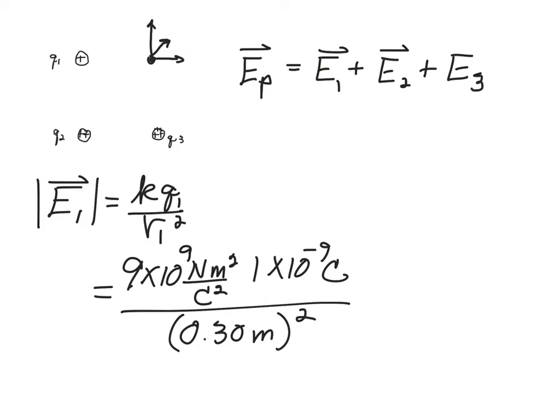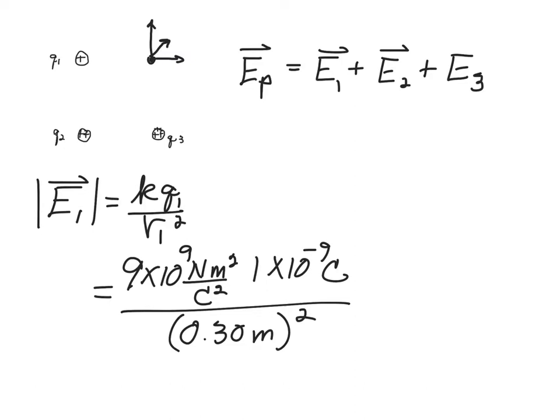So to find the vector E1, we have to find the magnitude of E1 and then find the components. So notice I write the equation down, and I use the absolute value signs because we're finding the magnitude. Then I put K, and in most cases we can use 9. You can use 8.99.